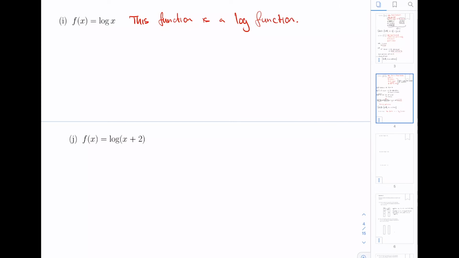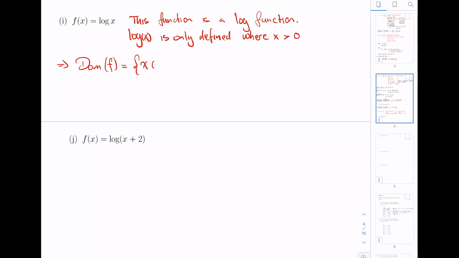Okay? Right? And the typical log function, log of x, is only defined where x is greater than 0. So this means that our domain for f in this case is equal to the set of x in real numbers, of course, where x is greater than 0.